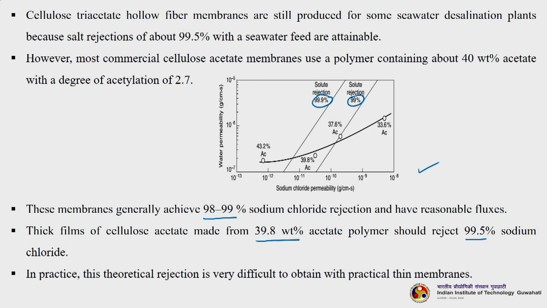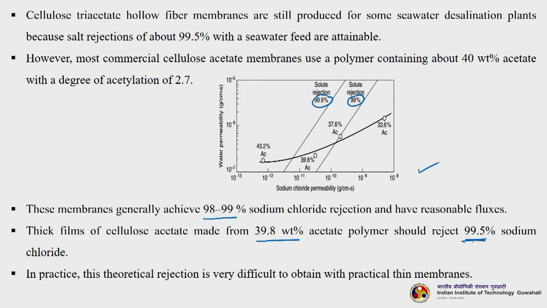It is reduced to almost 98.5 to 99, however, not much reduction. So, the thin membranes do not exactly match the theoretical prediction of 99.5%, however, they are very close. That is why they have gained a lot of popularity nowadays.